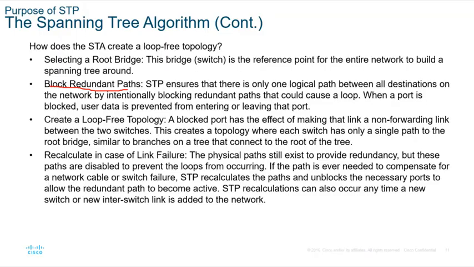The example that I gave you, it has to be blocked, not to allow loops. Then creating a loop-free topology: the blocked port is just placed in what we call a non-forwarding link. It's not disabled.